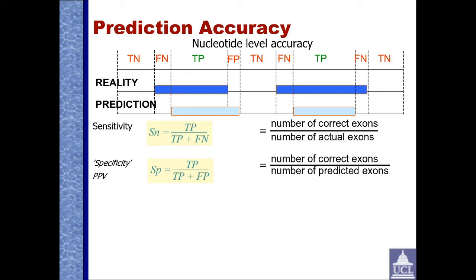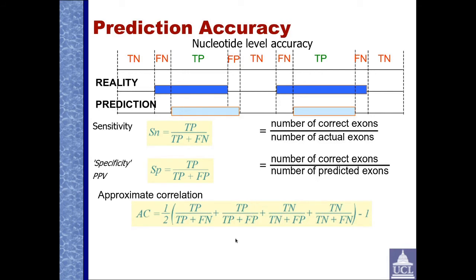What this really is called is PPV, or positive predictive value. However, you will see it referred to as specificity in the exon intron prediction literature.